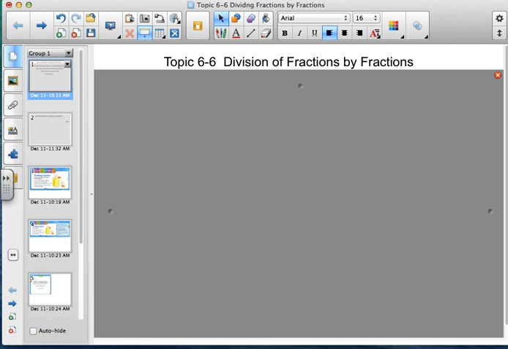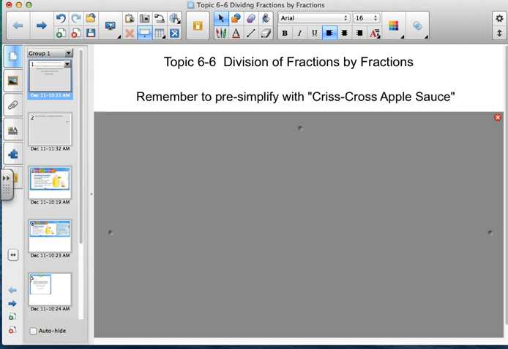This is going to be division of fractions by fractions. What I want you to remember is the following: remember to pre-simplify. That's that crisscross applesauce stuff that I keep saying to you. If you pre-simplify, your life is going to be much easier.